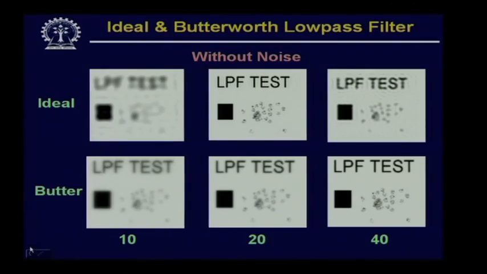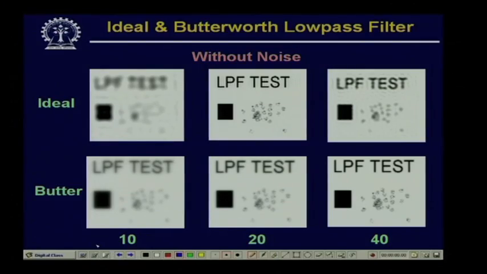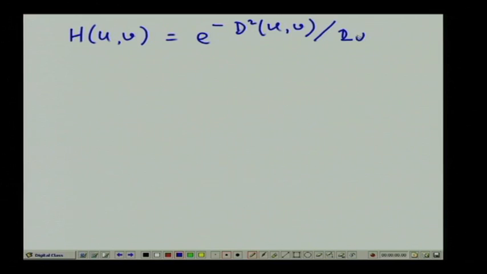In the same manner, we can also go for the Gaussian Lowpass filter, and we have already said that for a Gaussian Lowpass filter, the filter response h u v is given by e to the power minus d square u v upon 2 sigma square.